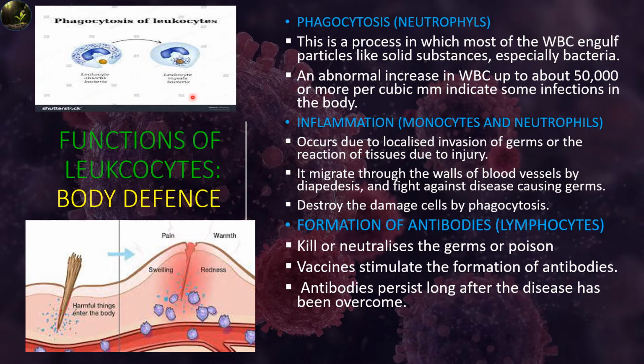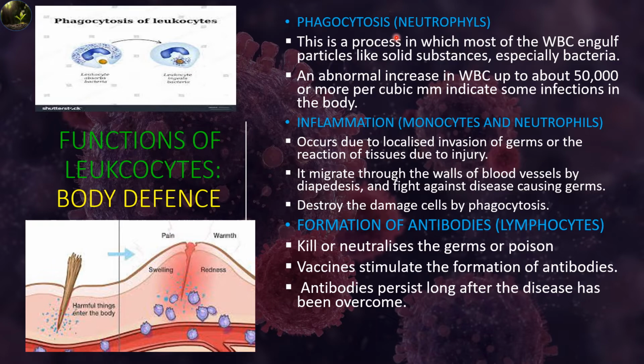Let us discuss the functions of leukocytes. The main function is body defense. We can go through some points. Phagocytosis is one of the main functions of all WBC. Mainly neutrophils are responsible for phagocytosis.